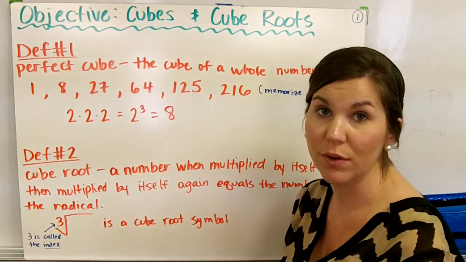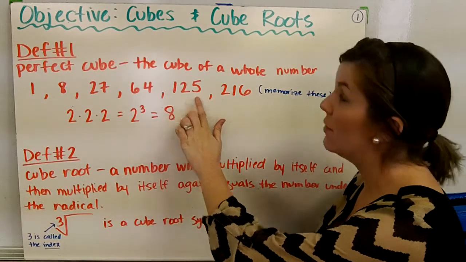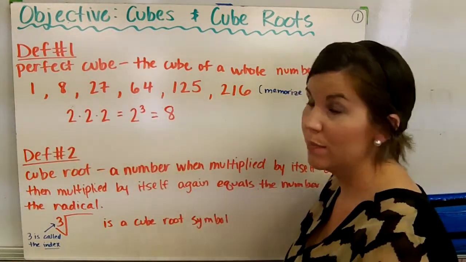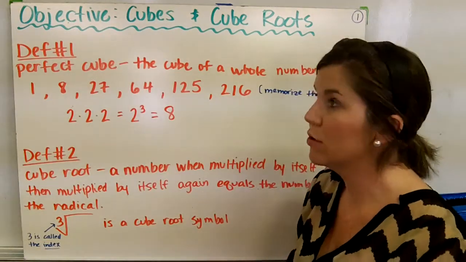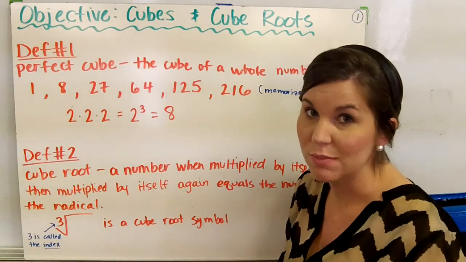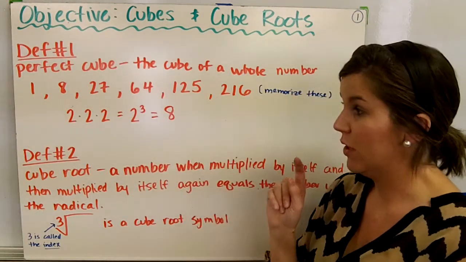So 27 is a perfect cube. 4 times 4 times 4, 5 times 5 times 5, 6 times 6 times 6. These are perfect cubes. Now the numbers 1, 2, 3, 4 that give you the perfect cubes are not perfect cubes themselves. Okay? The result is the perfect cube.